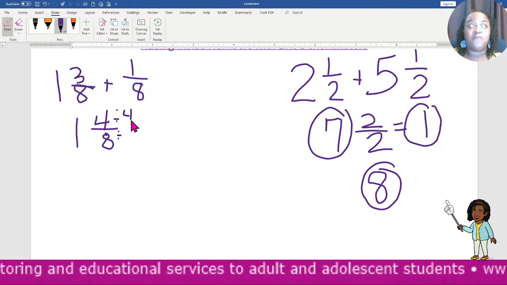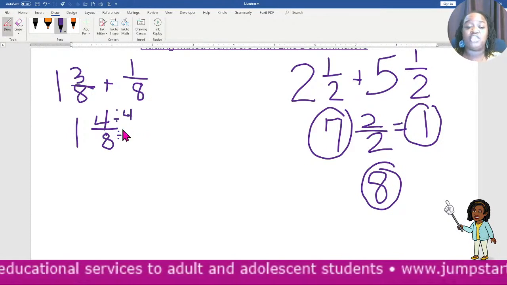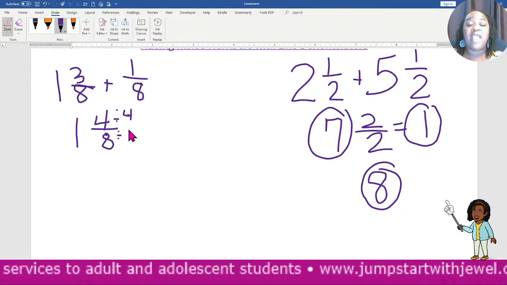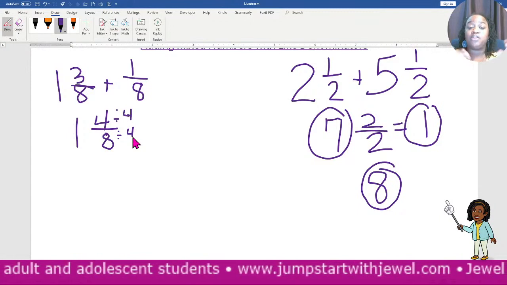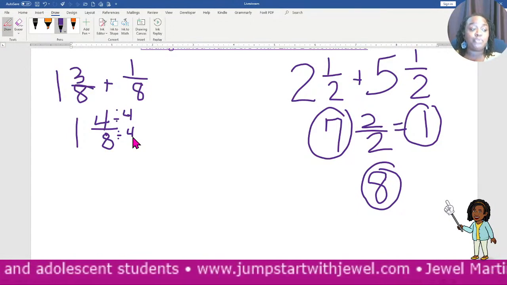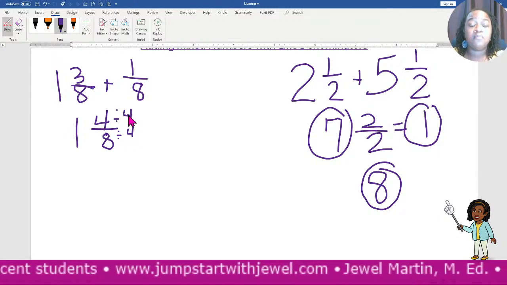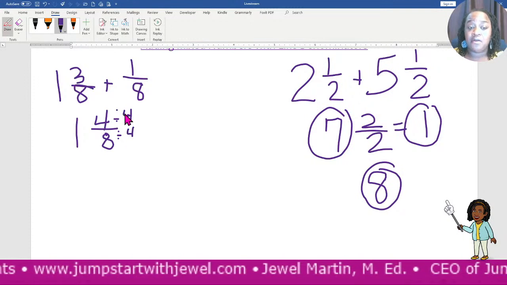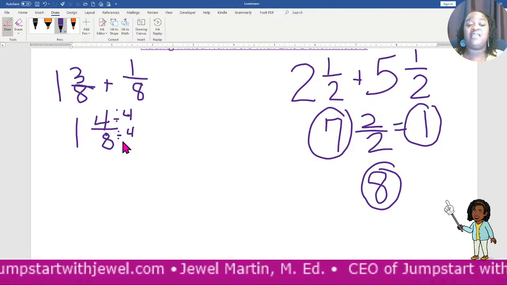So if you were drawing a picture and you had 4/8, you would have a shape that had 8 parts and 4 were shaded in. Well, by reducing the fraction, it makes the number of parts smaller. So when you're reducing a fraction, you have to divide the numerator and the denominator by the same factor. And here, 4 is a factor of both 4 itself and of 8.